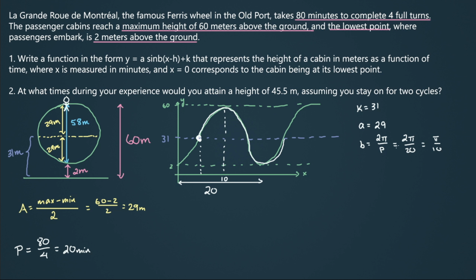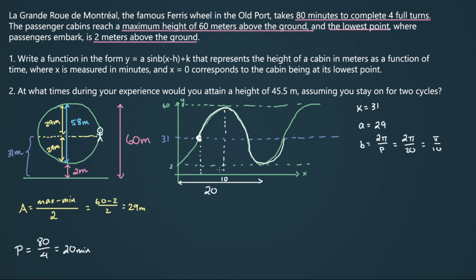Now you can further deduce that half of half, or half of 10, or you can even say a quarter, well, where would you be? Half of half, you'd be over here, right? At 31 meters in height, which is your midline. You're halfway up from your lowest to your max. And on your graph, what does that correspond to?